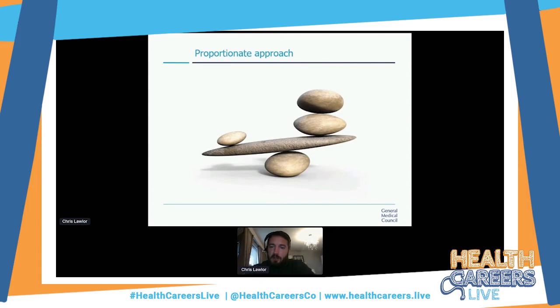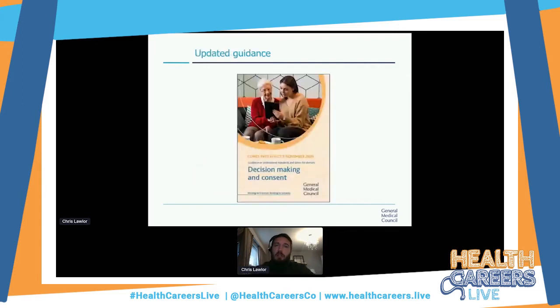I can see the questions coming through, and the first one: when will the booklet be live? So the guidance is already available on the GMC website. Sorry, I'll go back to that. It actually was released on the 30th of September. So it's been on our website since the 30th of September, and we've been delivering sessions like this to try and increase doctors' awareness of the change in the guidance.